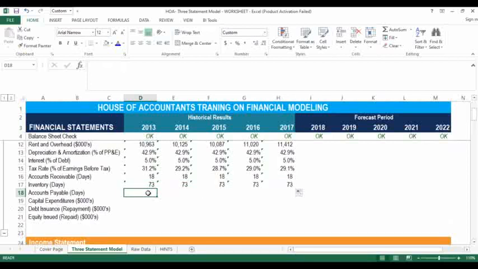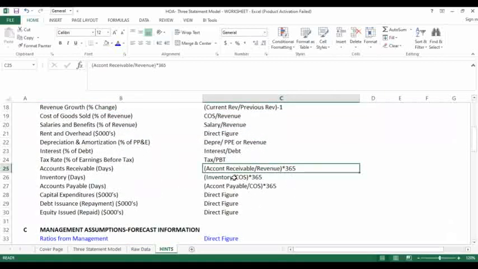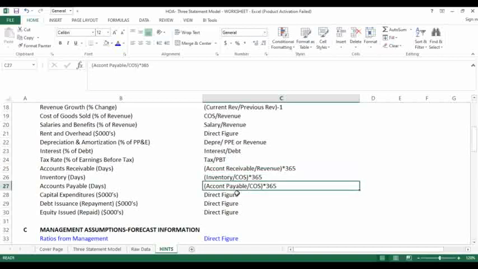Then for account payable, let's review it. Account payable will be account payables over cost of sales multiplied by 365 days.